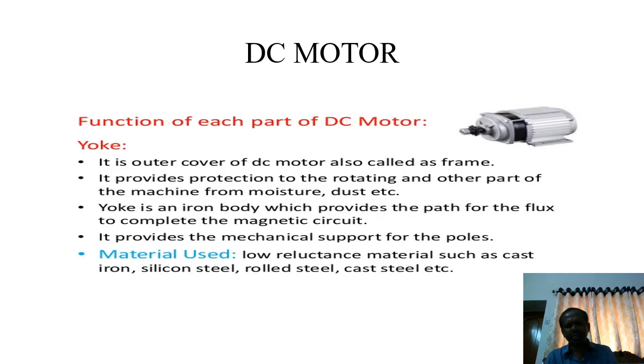The function of each part of a DC motor we are going to discuss one by one. What is the yoke? What is its function? What type of material is used? What is a pole? What is its material?